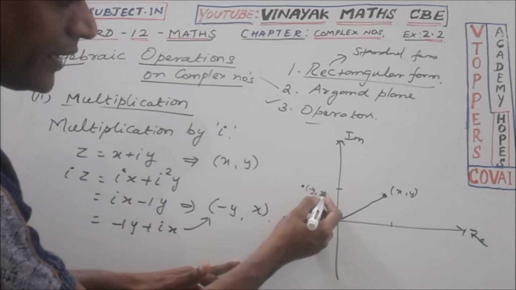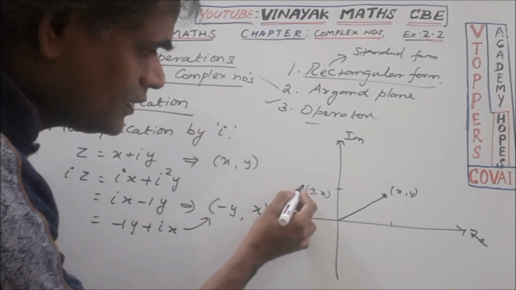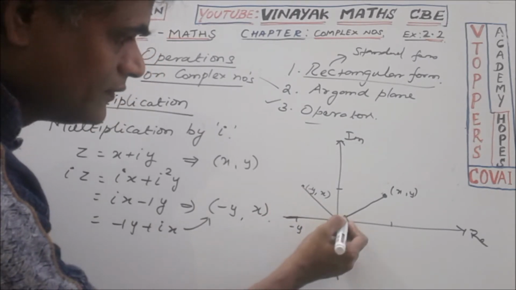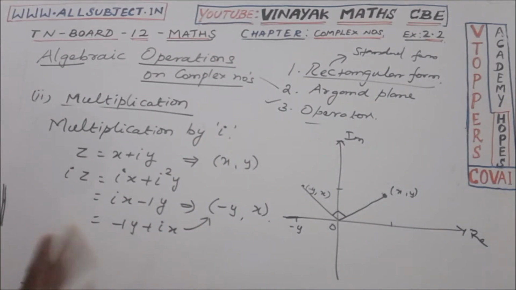Now listen here, joining this with the origin, we can realize that it will turn by 90 degrees in the anticlockwise direction. So the complex number iz is a rotation of z by 90 degrees or pi by 2 radians in the counterclockwise direction about the origin.